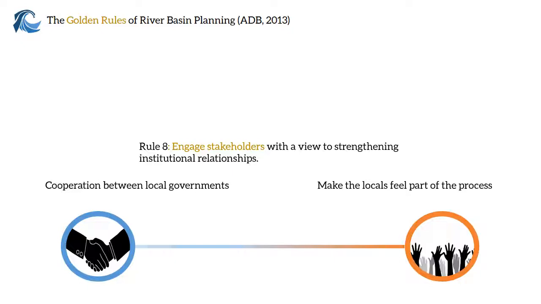And secondly, if you don't make the locals feel part of the process, then they're not gonna care about the river basin and they're not gonna help out. These social and institutional political factors will lead to an overall better plan.